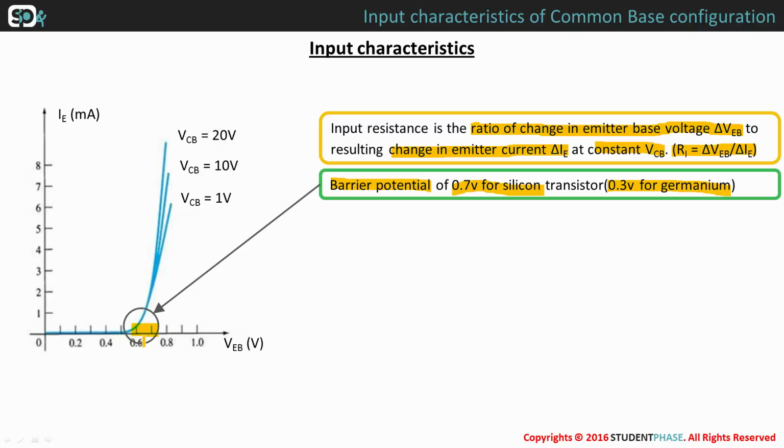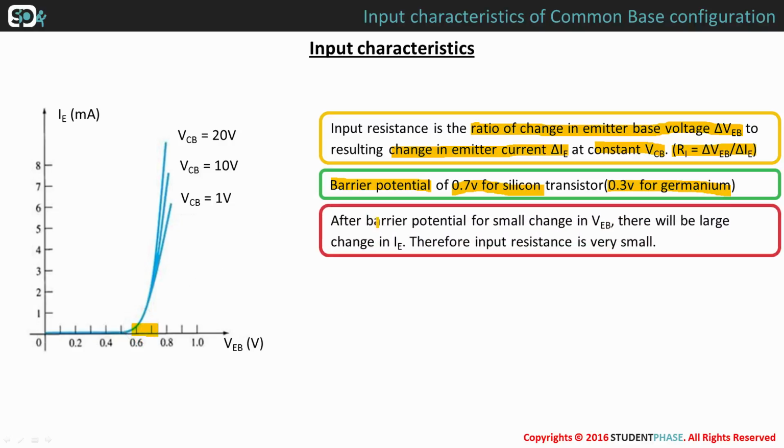After barrier potential, a small change in VEB results in a large change of IE. This means VEB has changed very little here, but IE has increased drastically. Therefore, we can say that input resistance is very small.